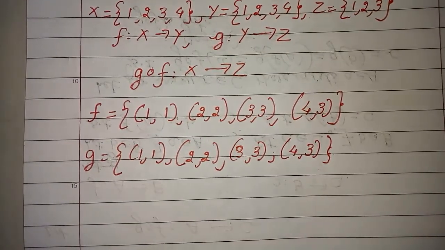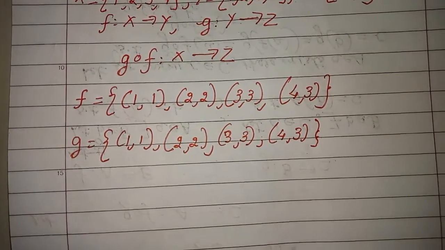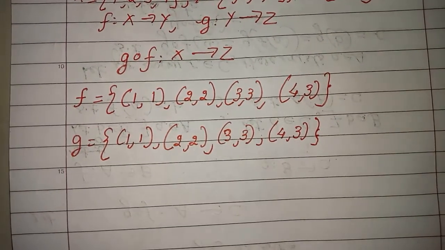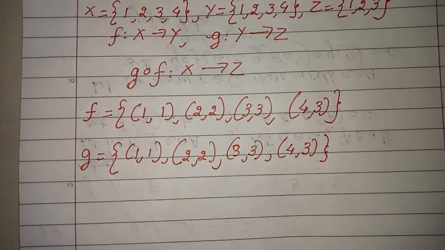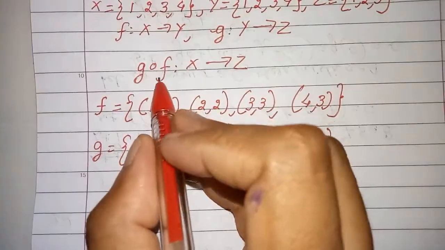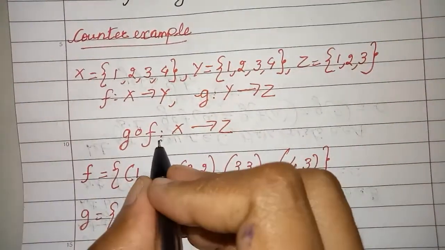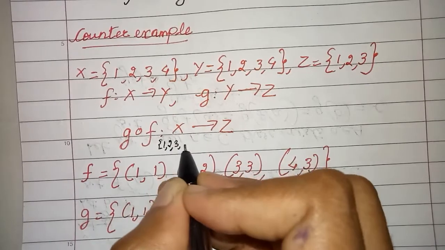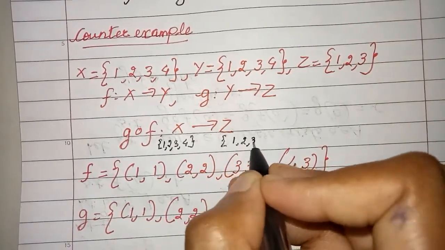Anyhow we should be careful about the result. The result is very important to be kept in mind, not the example, because once you understand the result, you can very well generate examples as I am doing here. Now children, in my g composite f, the elements of X are 1, 2, 3 and 4, and in my Z the elements are 1, 2 and 3.